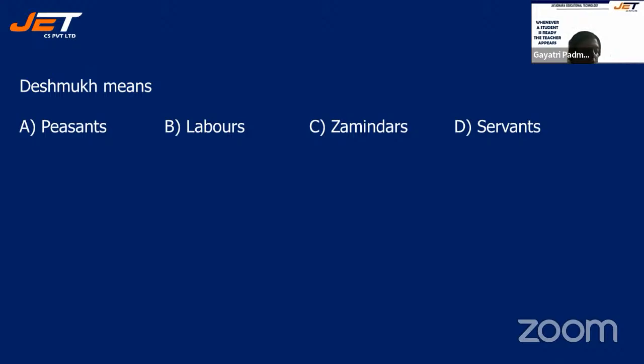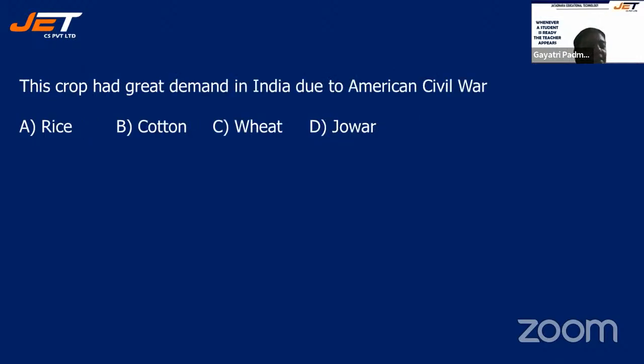You can very easily give the answer for this. Your 30 seconds is in fact running, but these things do not require time at all, because Deshmukh means zamindars, rather the owners of the land. Right. See the next one.